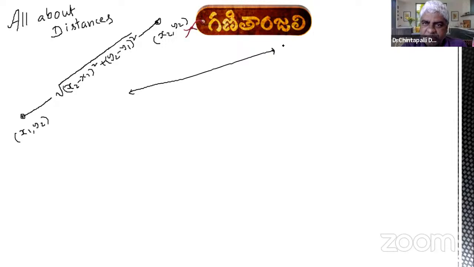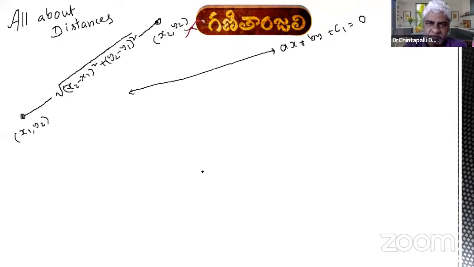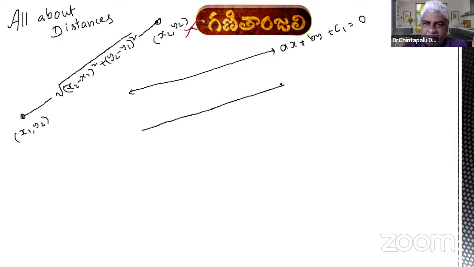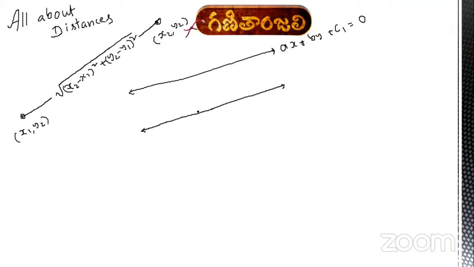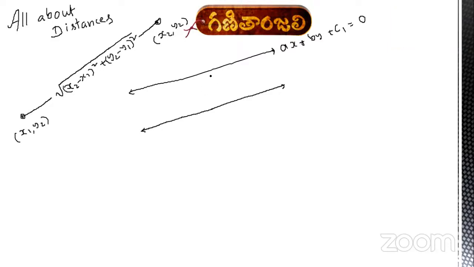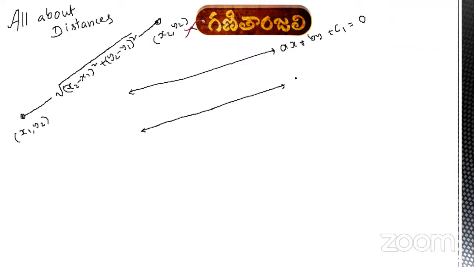Its equation is ax plus by plus c1 is equal to 0. It is another straight line. These two straight lines are parallel. We can understand by observation that these two lines are parallel because the distance between them is constant. At any stage, the distance between them is equal. That's why these two lines are parallel.